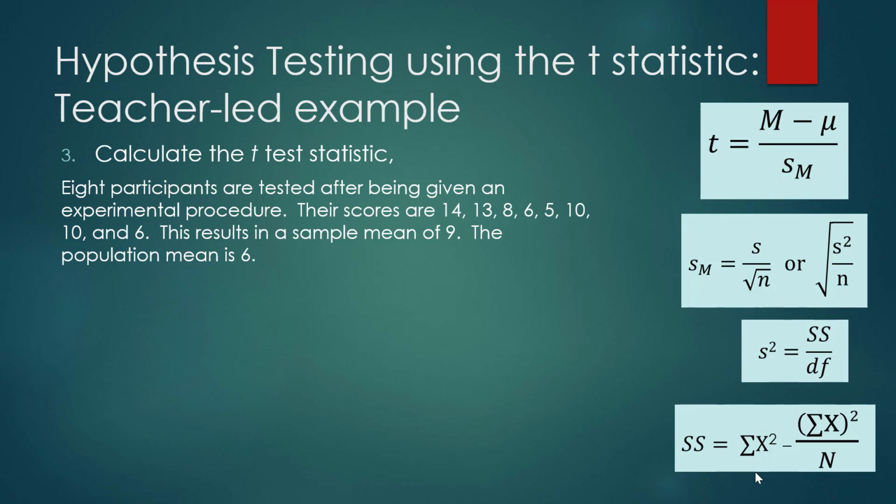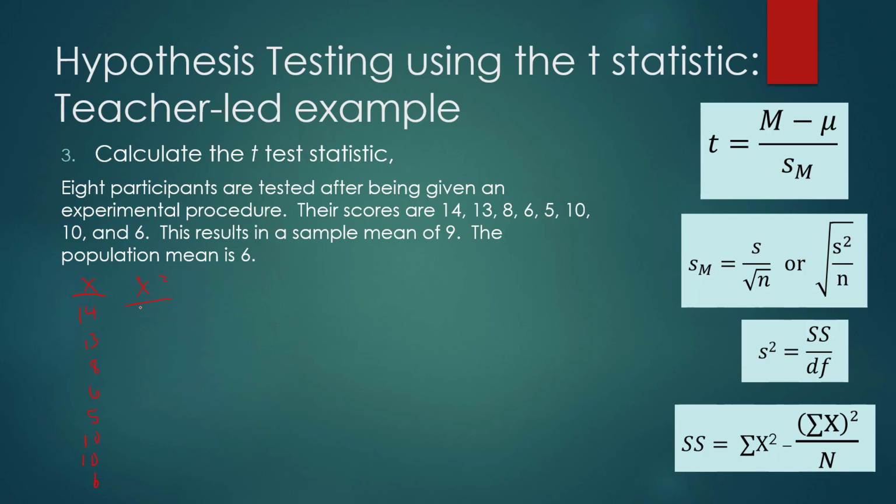So we're going to have to do our X values of 14, 13, 8, 6, 5, and 10. And then we need to get our X squared values.